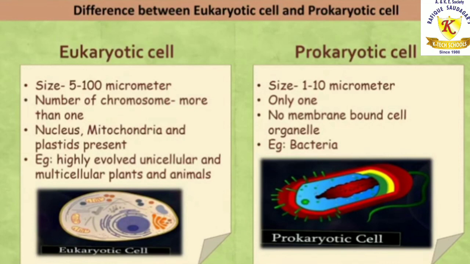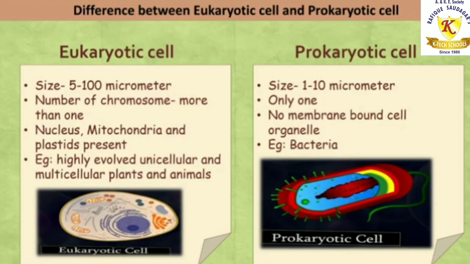Eukaryotic cells, the size is 5 to 100 micrometer, and prokaryotic size is 1 to 10 micrometer. The number of chromosomes is more than 1, and in prokaryotic cells it is only 1. In eukaryotic cells, nucleus, mitochondria and plastids are present.